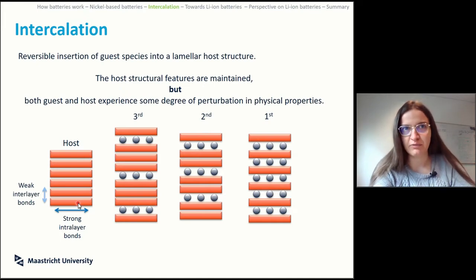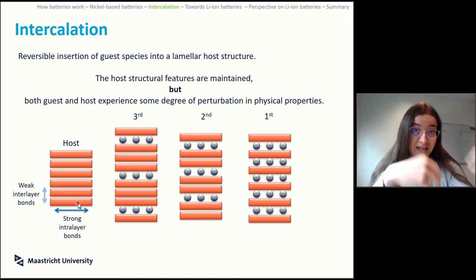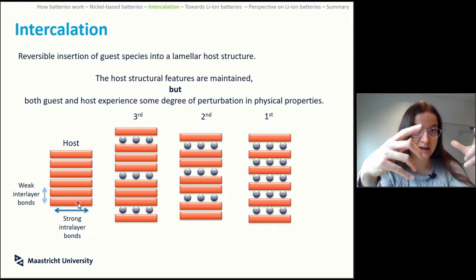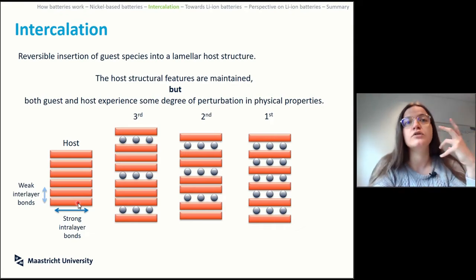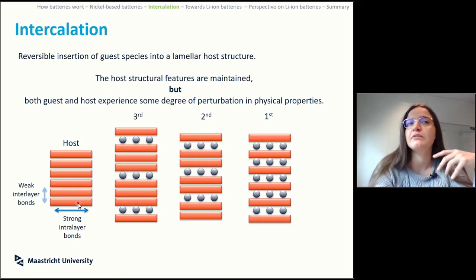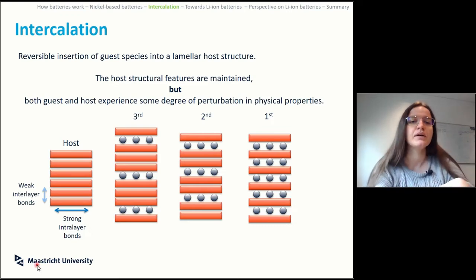This is something that we were already discussing when we talked about bonding in the very first lecture. If you remember how nickel oxide is set up, you have this very strong bond of nickel and oxygen within a layer, and the layers are separated a bit too much to have very strong bonding. They are interacting with each other, but they're not bonded like the almost covalent bond that you have within the layer.